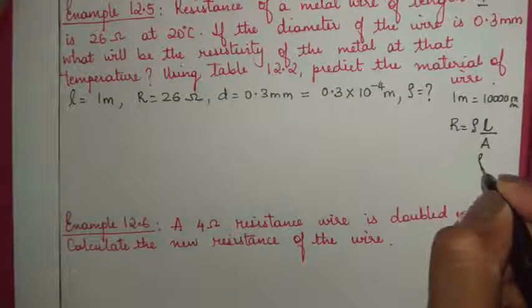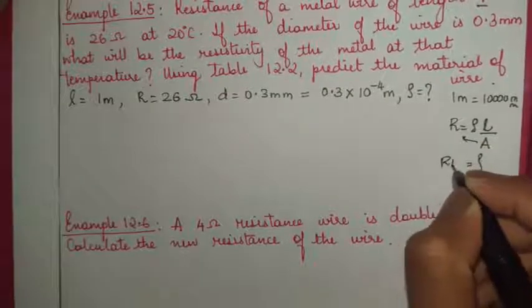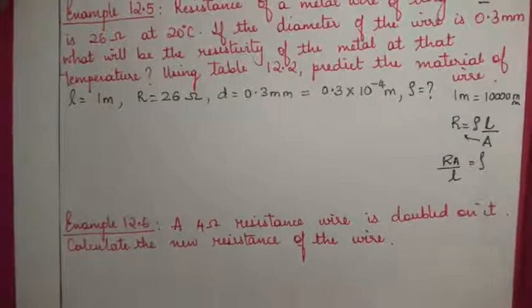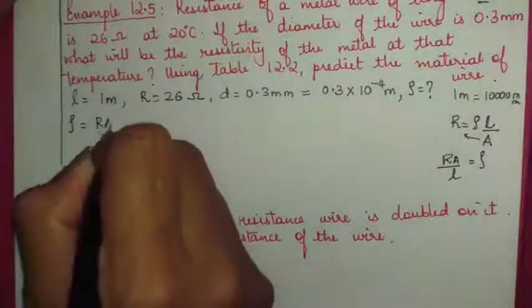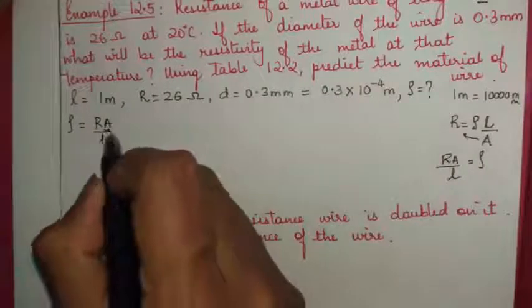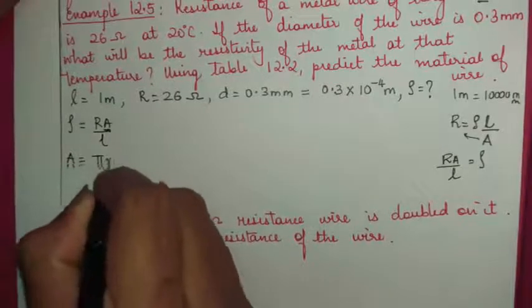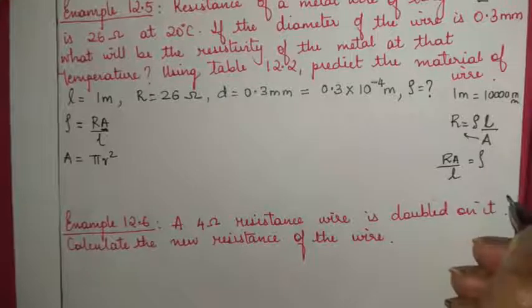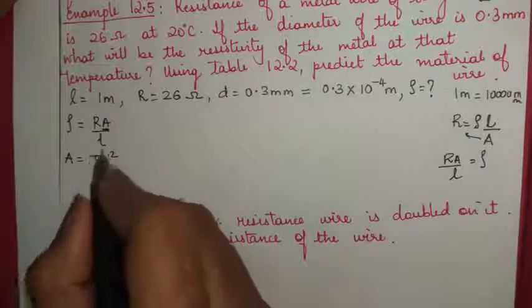Let us keep rho on one side, and when you take area this side, you will get RA upon L. So rho is equal to RA upon L. But now if you see carefully, what is area? Since the wire is a circle, the area of cross section is a circle. So area is equal to pi r square.